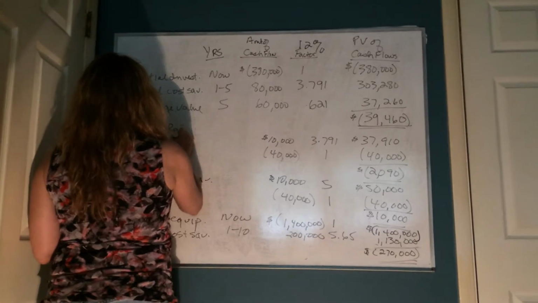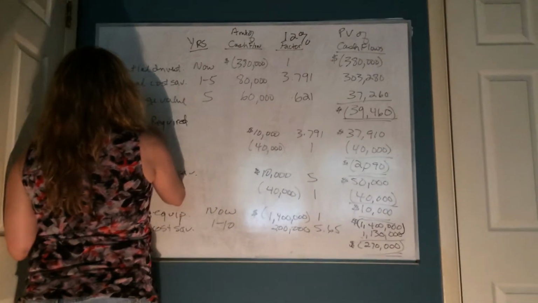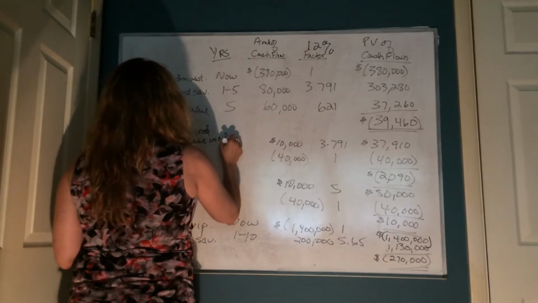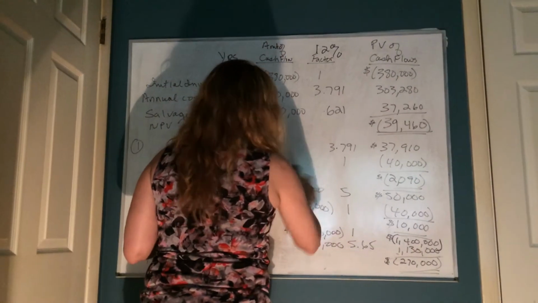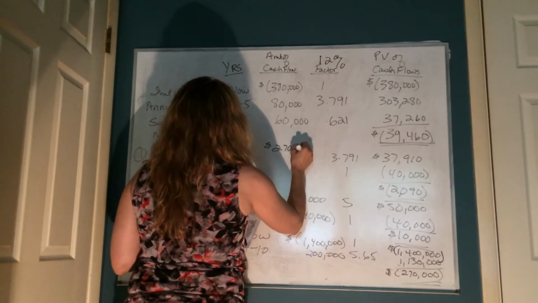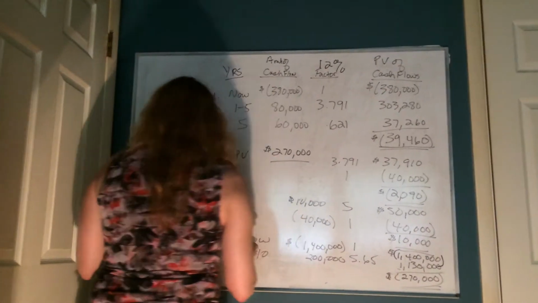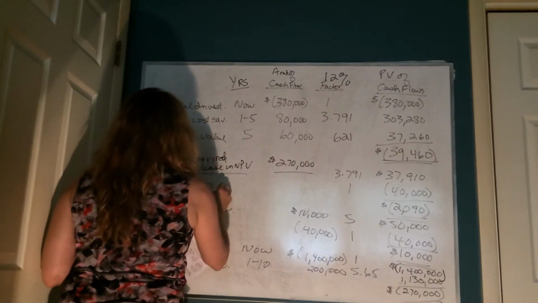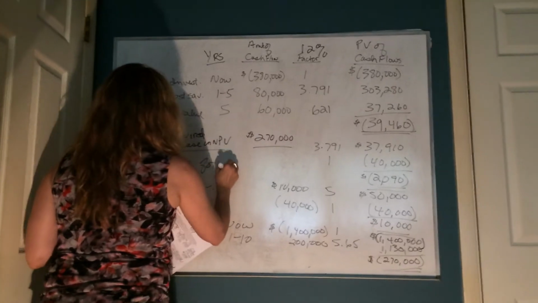So our required increase in the net present value is the 270,000, and we will divide that by our 10-year factor, which we already determined.